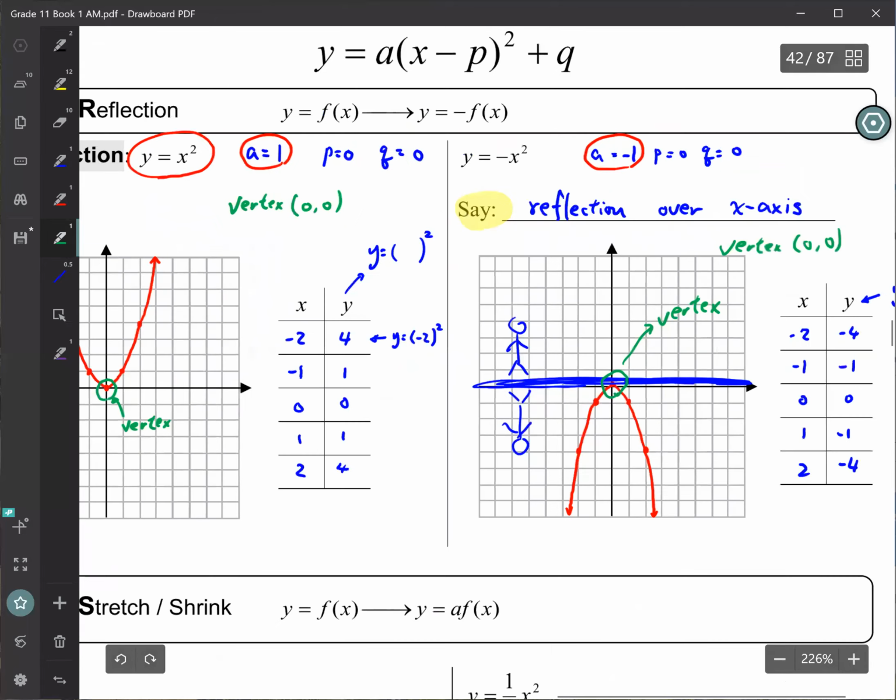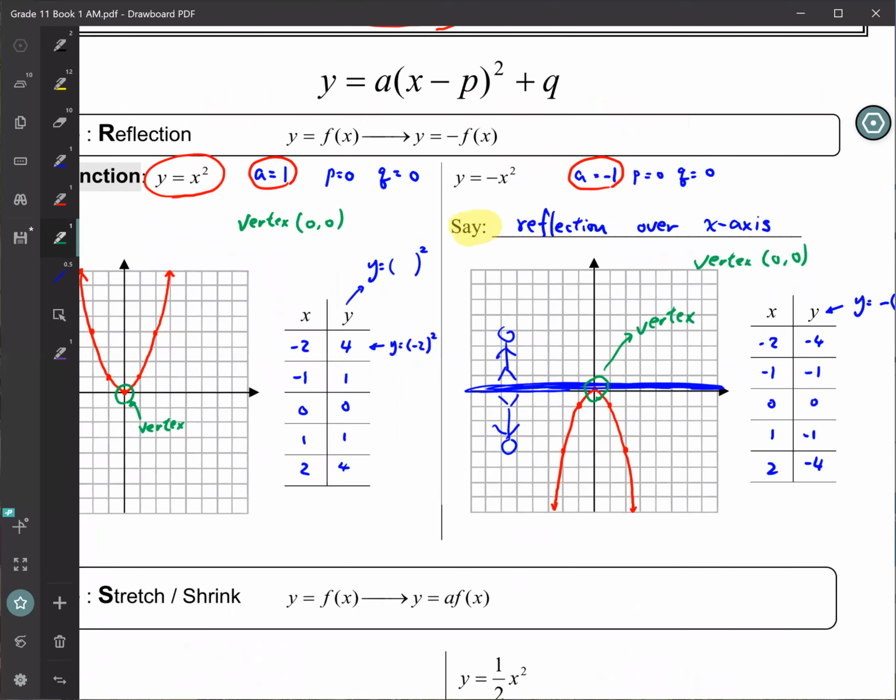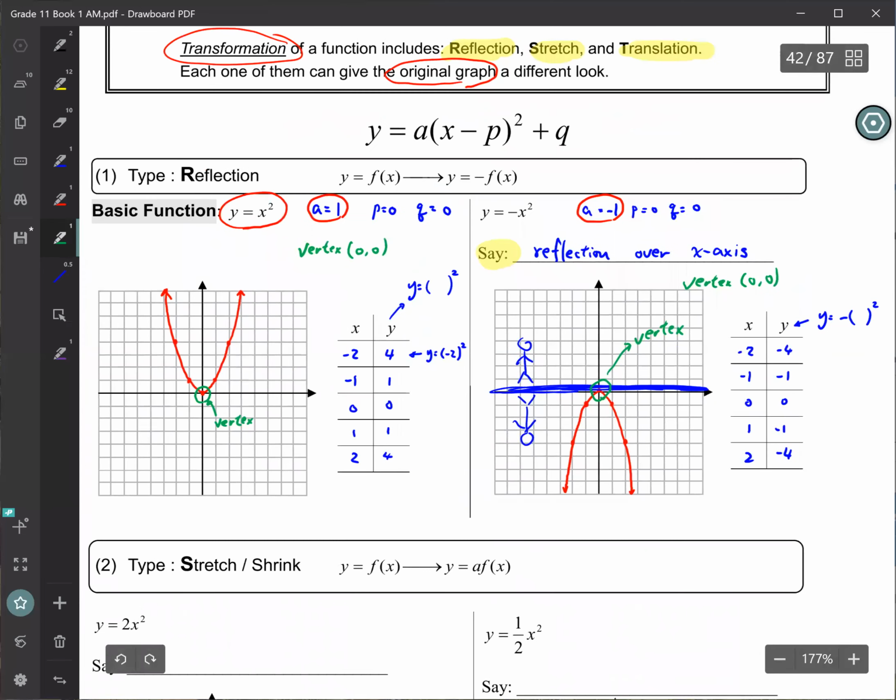So look at this part. Before we move on, we'll conclude this part. When A is positive, it will open up. We can write that over here as well: opens up. And if A is negative, it opens down.